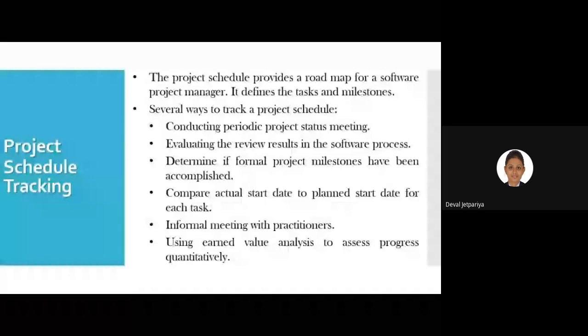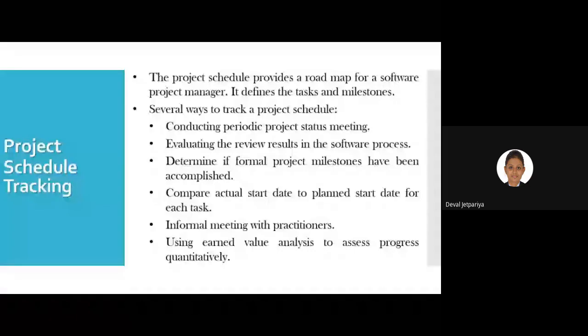The third one is to determine if formal project milestones have been accomplished. So milestones will be decided in advance. Then I will also define a planned date for each topic.